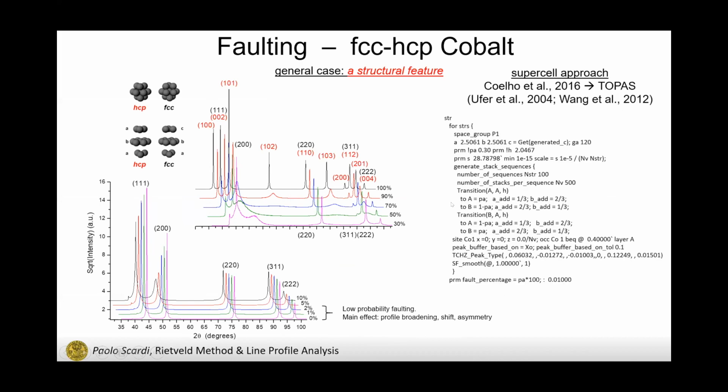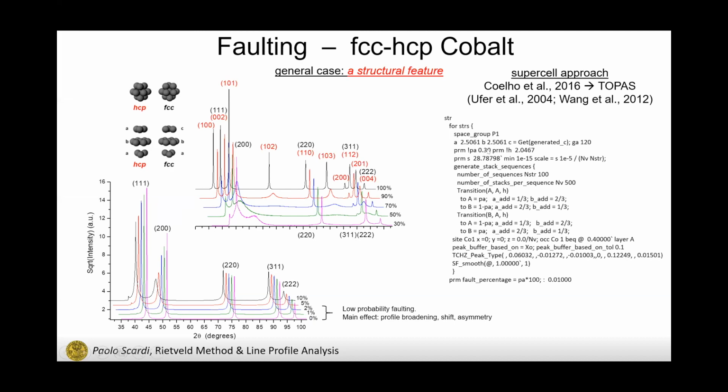And to deal with this problem, for example, you can use in Topas the so-called supercell approach. Here we see the algorithm. I'm not going into detail, but multiple layers are basically included in an enlarged unit cell, much enlarged. In this way, we can simulate faulted layered structures with a refinable probability.